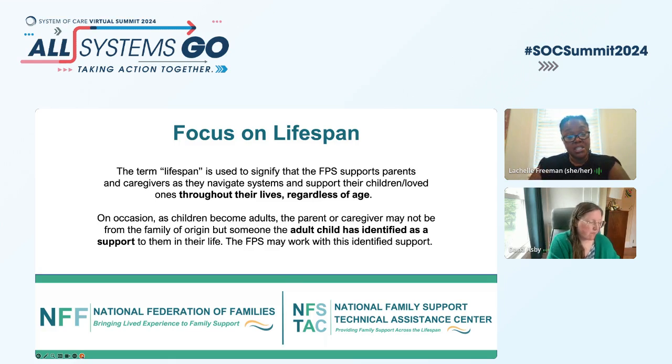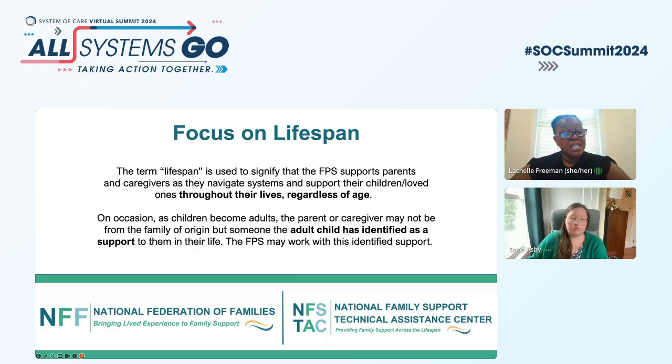There are different stages as children transition into becoming an adult, and them figuring out when it's time for them to take the reins, as well as us as parents or caregivers figuring out when we give them more leeway to be the persons that they want to develop to be, right?